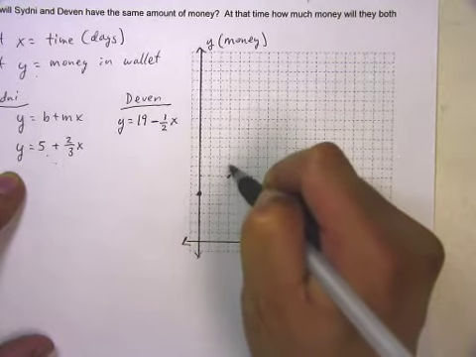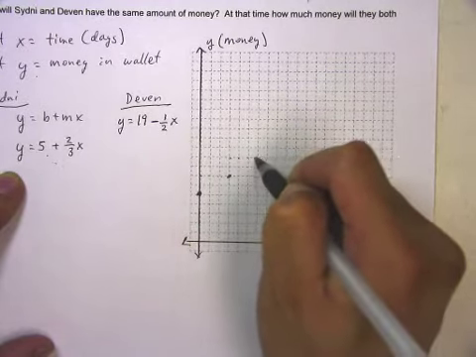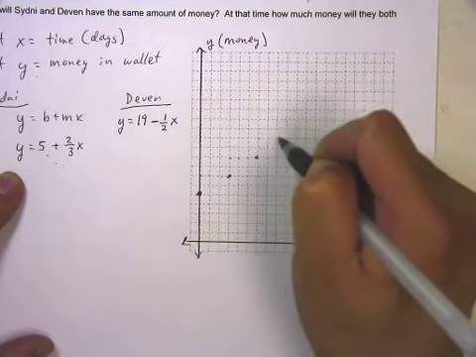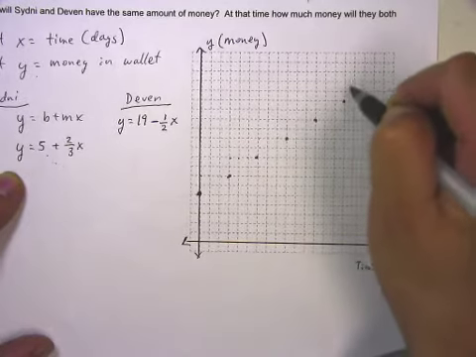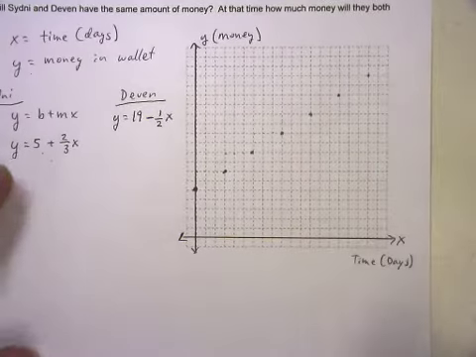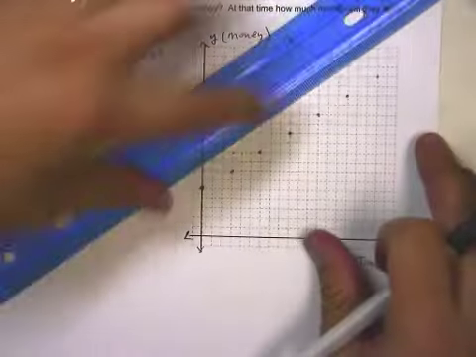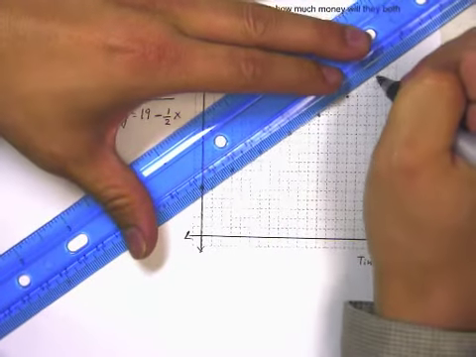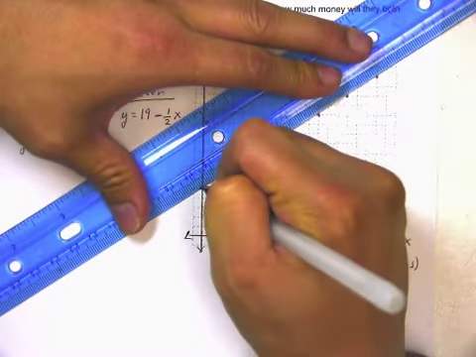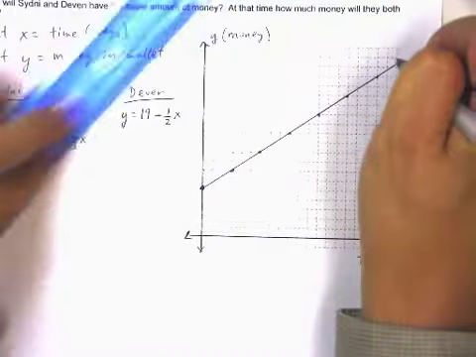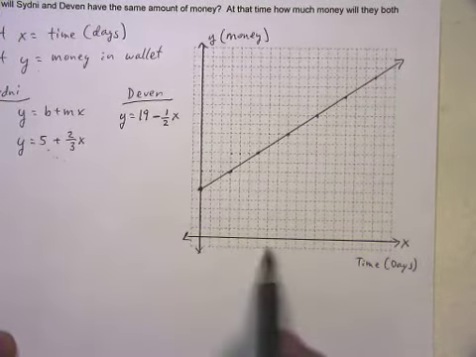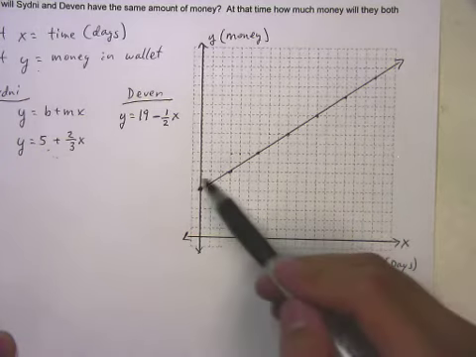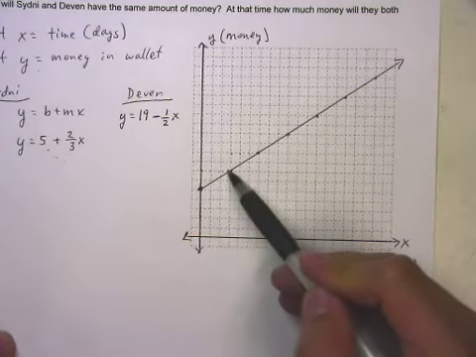Up $2 every 3 days. So here is the graph of Sydney's money. We can see she starts here at $5, and then as time goes on, her money is going up. Again, it's going up $2 every 3 days.